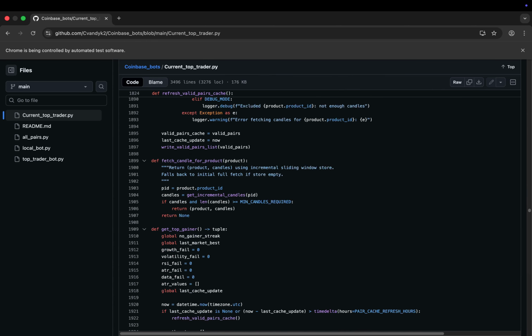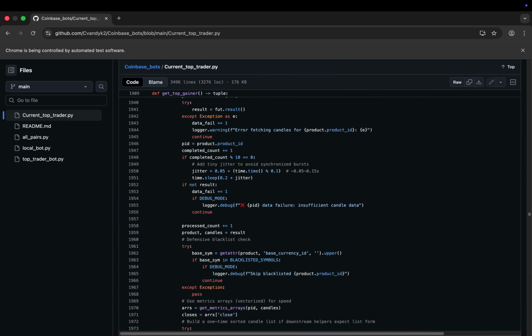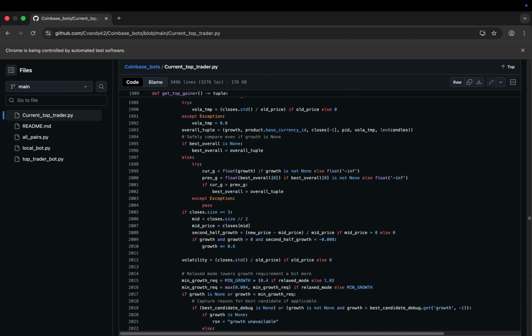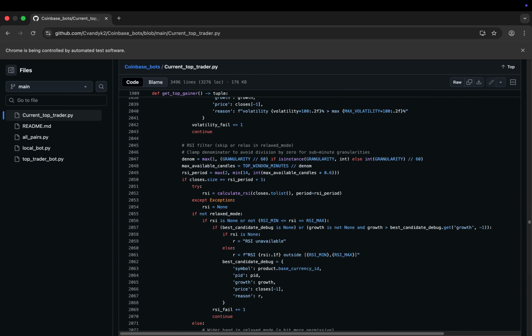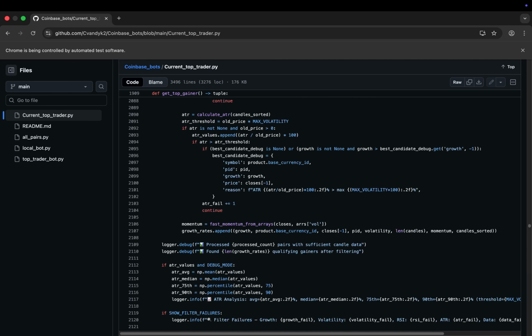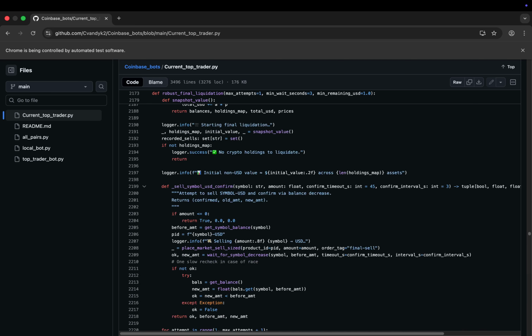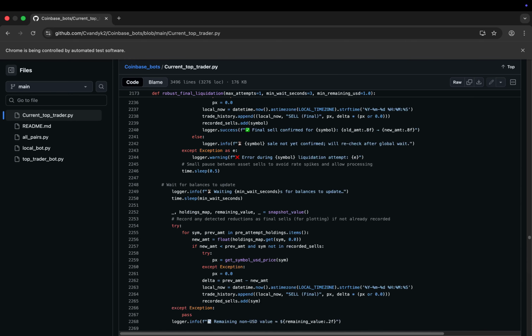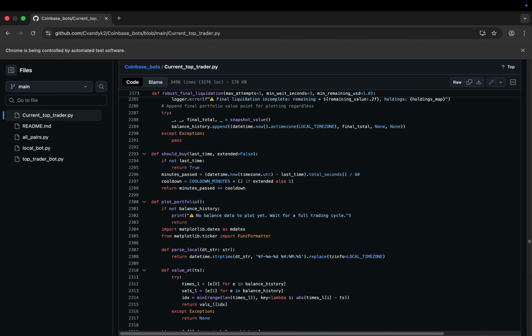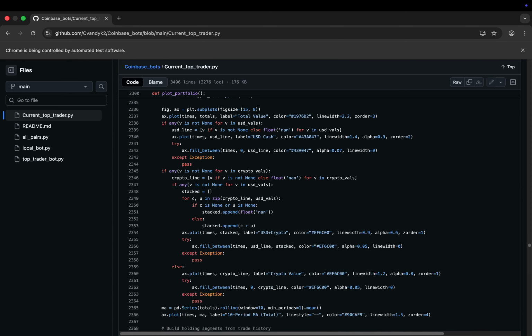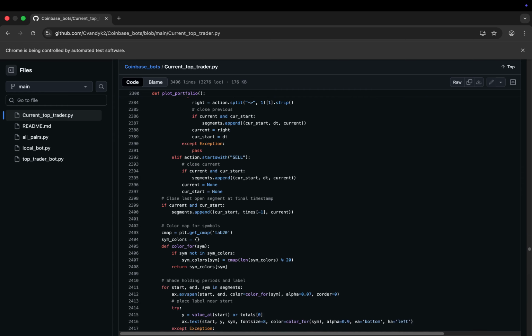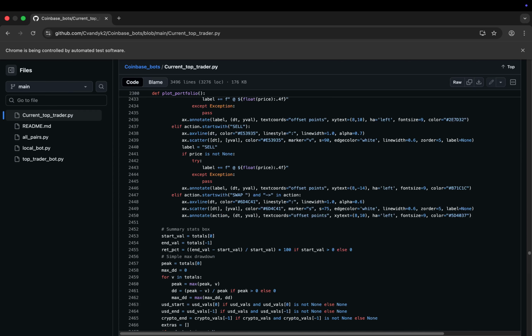It regularly refreshes the list of valid USD trading pairs by filtering out those with low volume or disabled trading status. This filtering process also verifies that sufficient recent candle data is available for each coin to accurately measure short-term performance. The core of the strategy relies on several profitability filters.